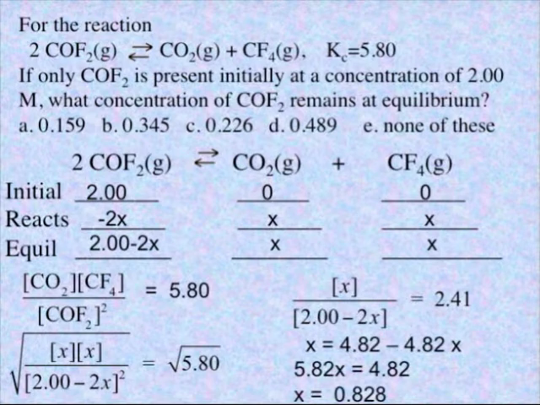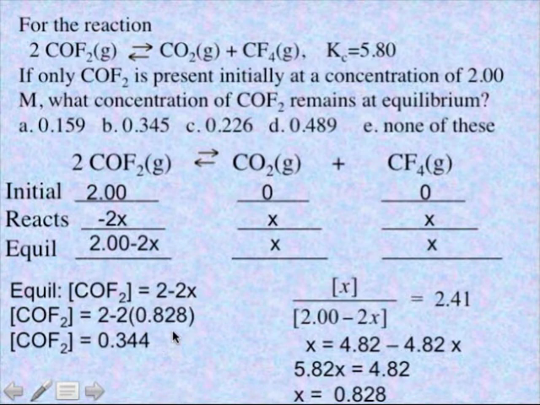Therefore, solving for x, we get x equals 0.828. Now, that is not the answer to the problem because the equilibrium concentration of COF2 is 2 minus 2x. So we write 2 minus 2 times 0.828 and we get a COF2 concentration of 0.344.